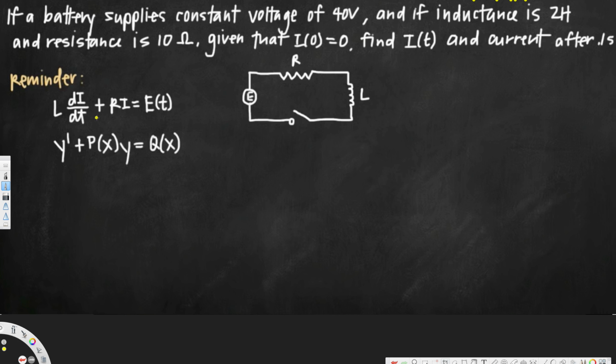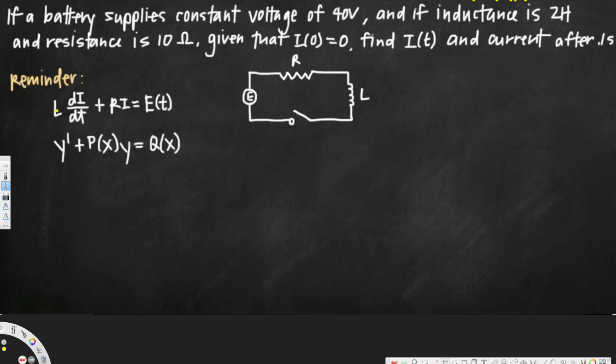First of all, if you look at this one, this is our generic pattern of first order linear differential equation, right? And also this is the equation that is related to circuit, and this is also a first order linear differential equation pattern. Now let's go ahead and plug the values in this equation and try to find the current, right?